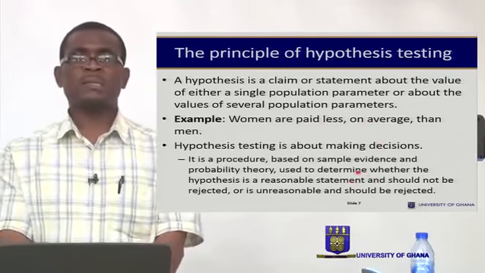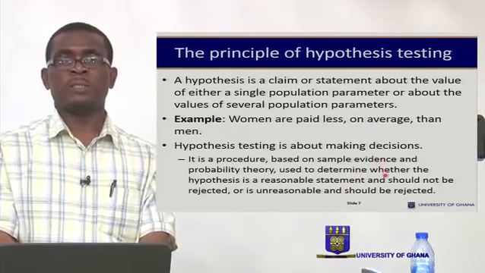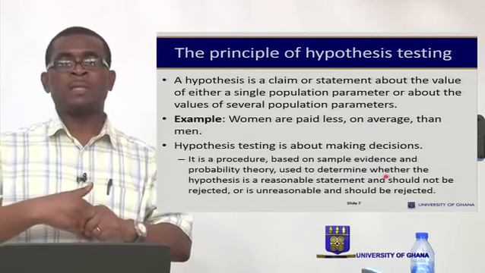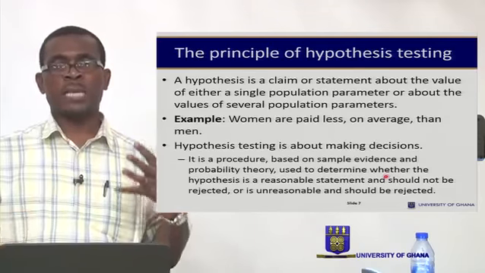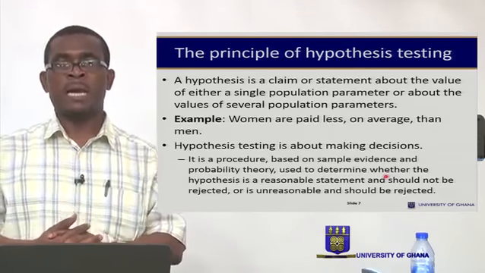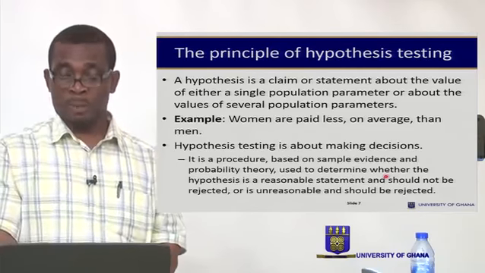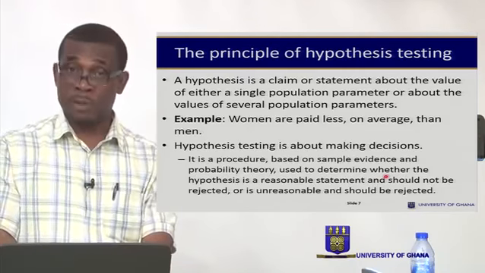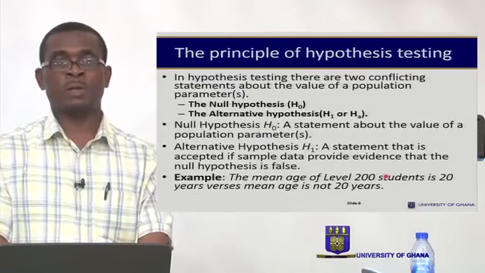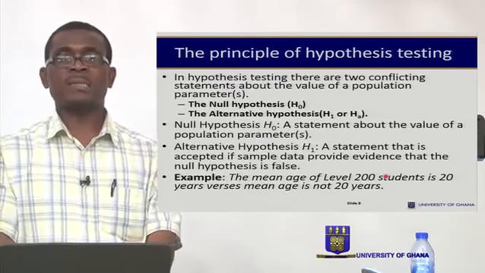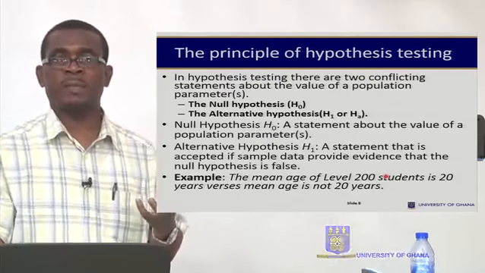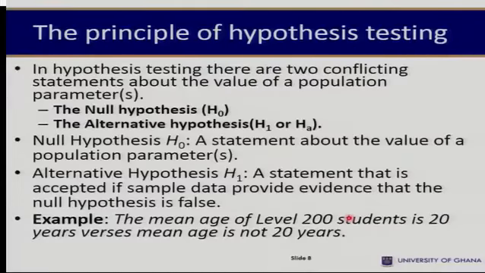Now, hypothesis testing is about making decisions. As I indicated earlier, the procedure is based on taking sample evidence and applying probability theory to determine whether the hypothesis should be accepted or not. Now, in hypothesis testing, there are two conflicting statements about the value of the population parameter.